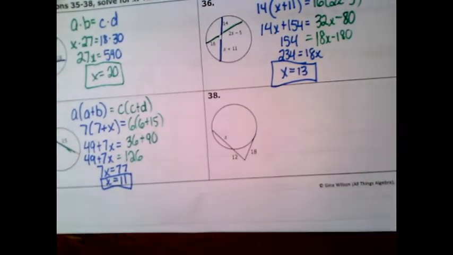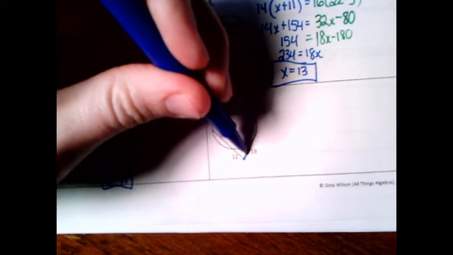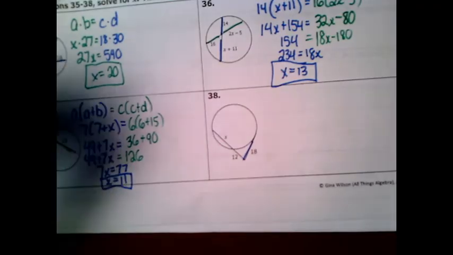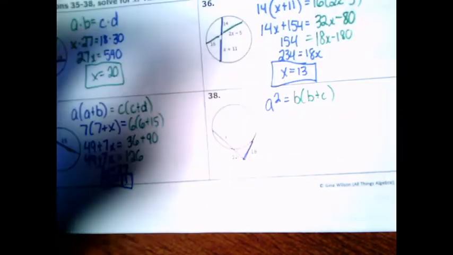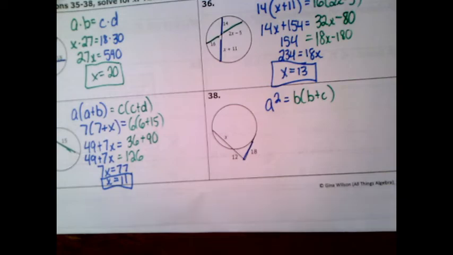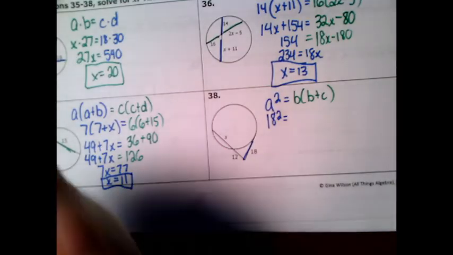Phew. Okay. This one, again, is following the same format, but I've only got one thing over here. When you only have one part of a line, that means it's a tangent, and when it's a tangent, you do A squared equals B times B plus C. So my A squared is 18 squared. B is 12.